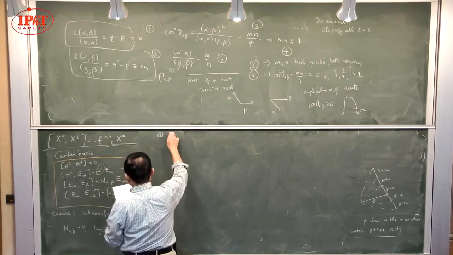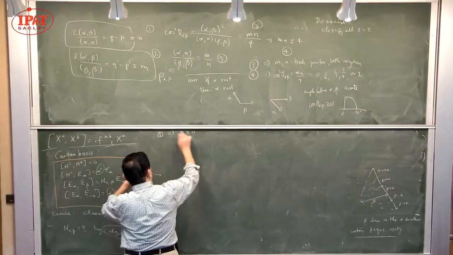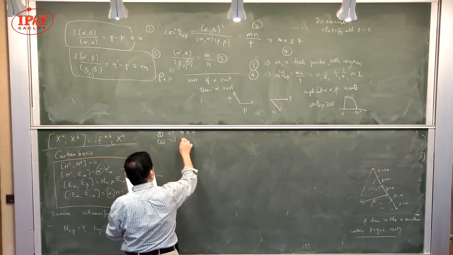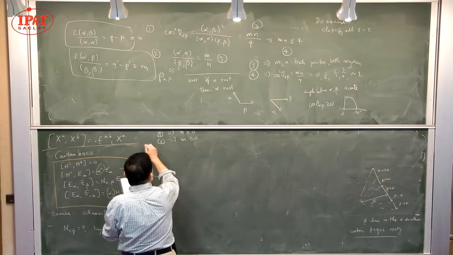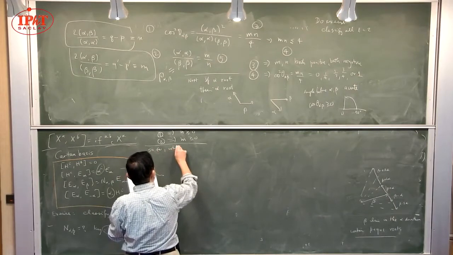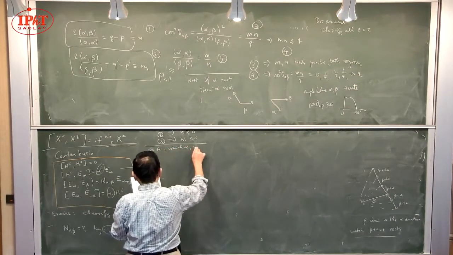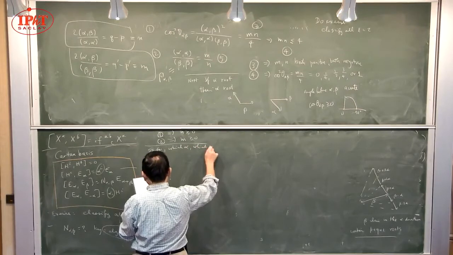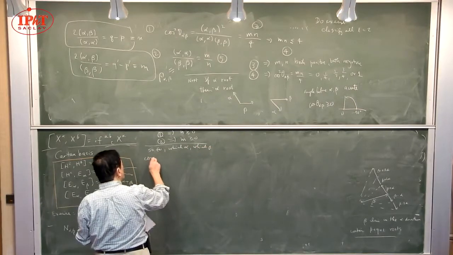Then 1 implies n is positive, and 2 implies that m is positive or 0. And so far, which one is alpha, which one is beta, is not fixed. So we adopt a convention.